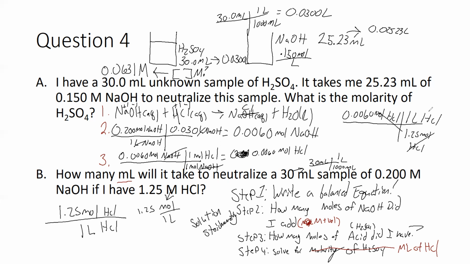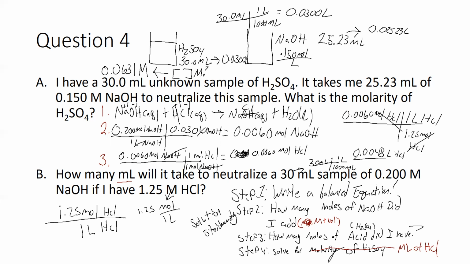So I can do that calculation. 0.0060 divided by 1.25. The number of liters of HCl that I had were 0.0048 liters of HCl.